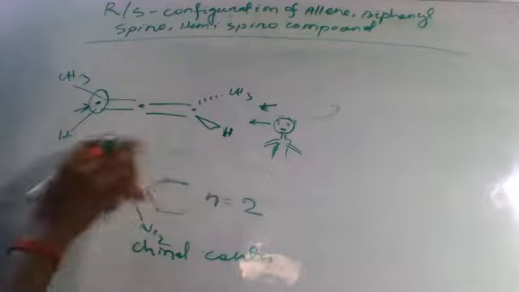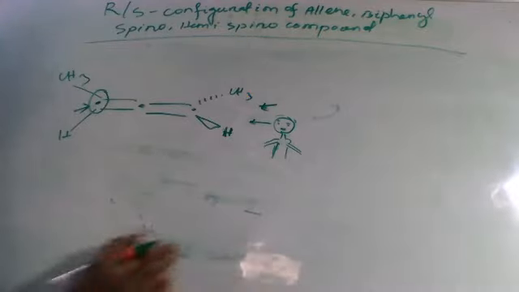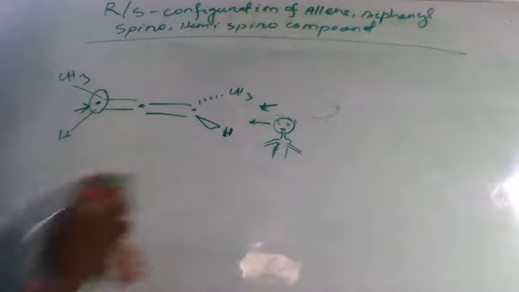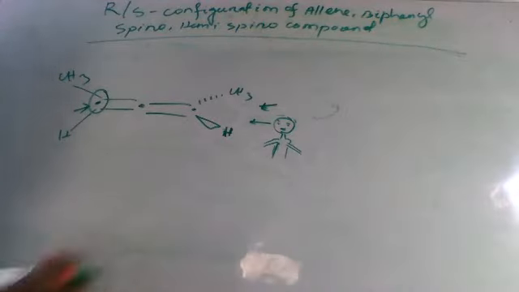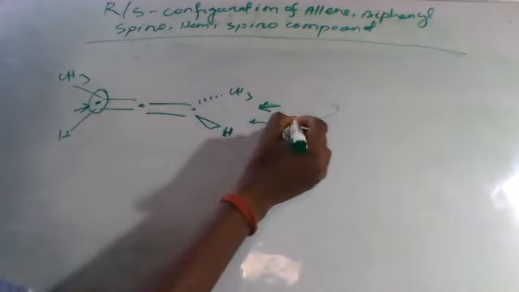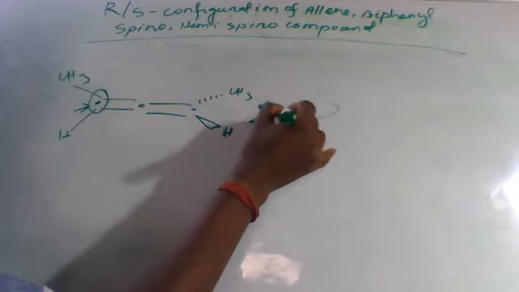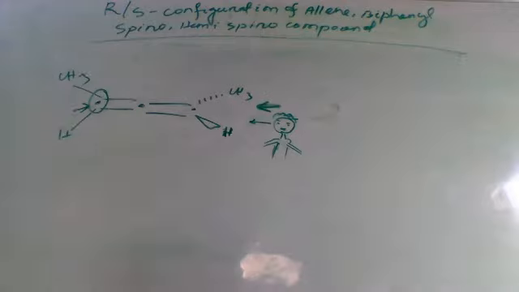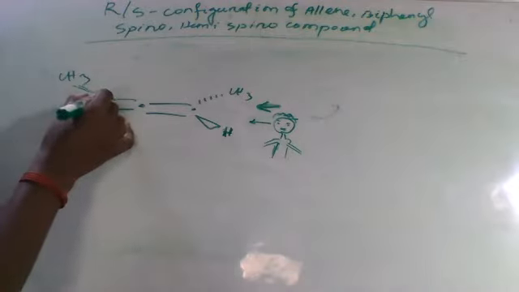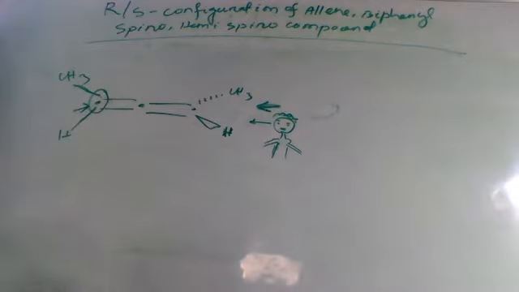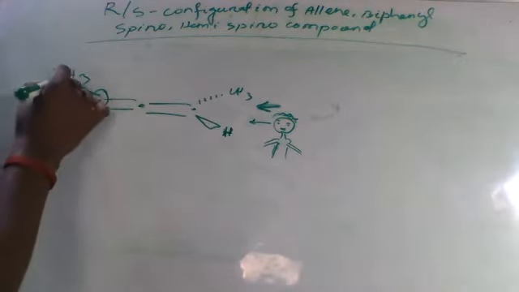Then we'll see how to determine the RS notation of this type of molecule, allene, biphenyl, spiro and hemispiro compounds. Here you are viewing from this direction. Hence, these two bonds are in one plane. First, you have to give the priority order to those bonds which are in one plane.